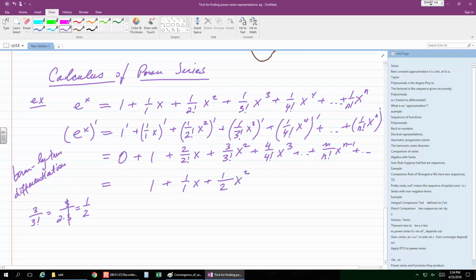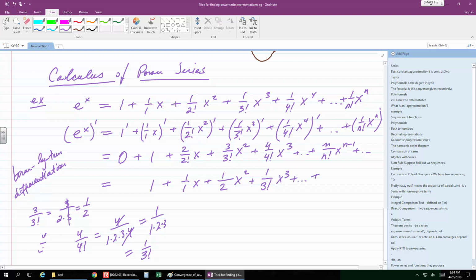The next one is more interesting, because it will be 4 over 4 factorial. What is it? It is 4 divided by 1 times 2 times 3 times 4. 4 cancels out, and I'm left with 1 over 1 times 2 times 3, which is 3 factorial. Okay, so we have in fact 1 over 3 factorial x cubed, and on and on.